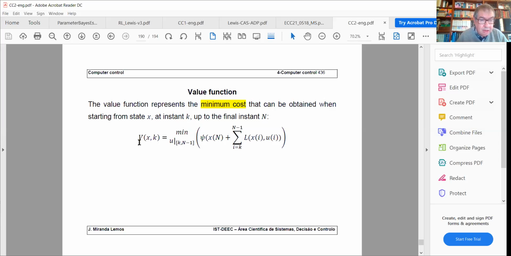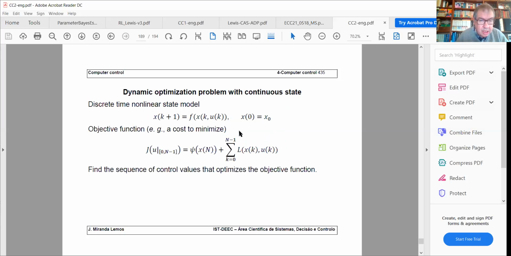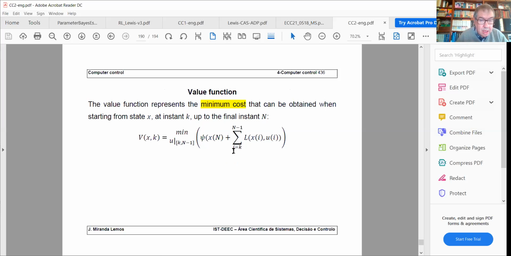So the value of x at time k is the minimum, with respect to the remaining sequence of u between k and N minus 1, because the previous ones have already been decided, and all the information about them is in the state. You reach that state, and then you have the cost between k and N minus 1. The cost is defined for k equal to 0 up to N minus 1. Here, my index goes from k up to N minus 1. And this is the value.